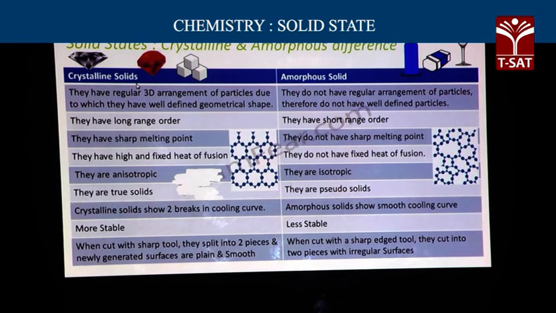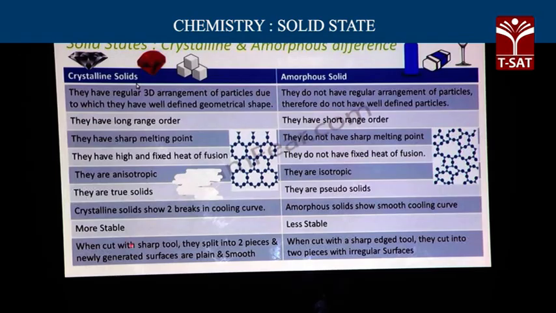Crystallines are anisotropic, amorphous forms are isotropic. Crystals are true solids, whereas amorphous are known as pseudo solids because they flow. Crystalline solids are more stable than amorphous.